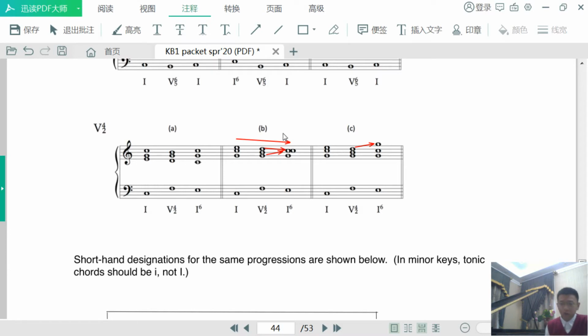I feel very touched by this perfect fourth interval because it's like we climb a mountain and get a surprise, right? So when you do the part writing for 5-4-2 to 1-6, you can leap the 5th up a perfect fourth interval.